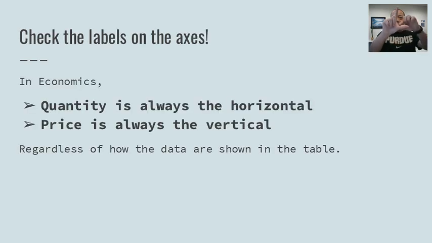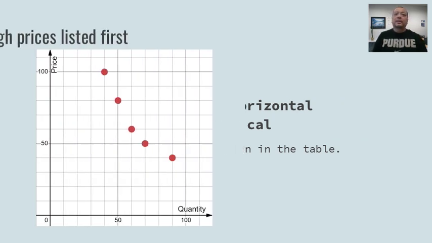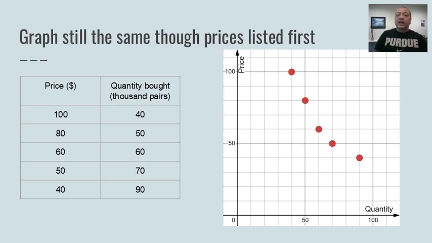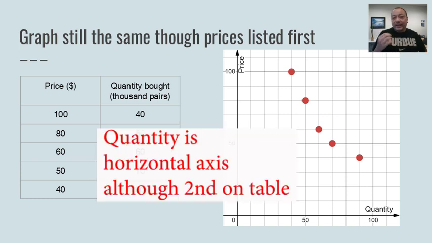In economics, quantity is always the horizontal axis, price is always the vertical axis, regardless of how the data are shown in the table. The graph is still the same even though the prices are listed first. That's something you need to be aware of. In economics, quantity is the horizontal axis, but is often given second on the table.